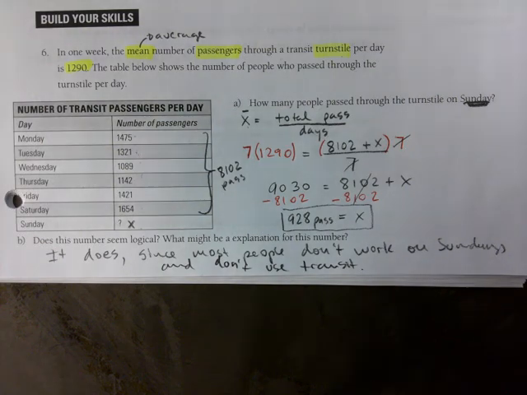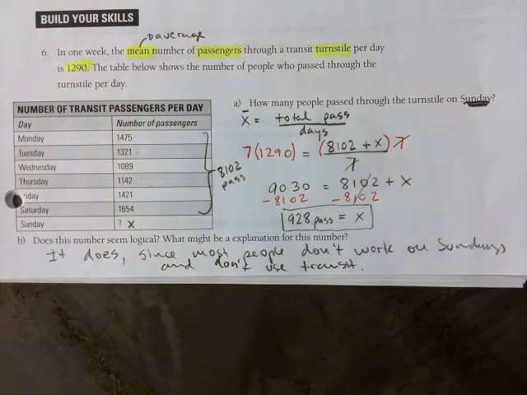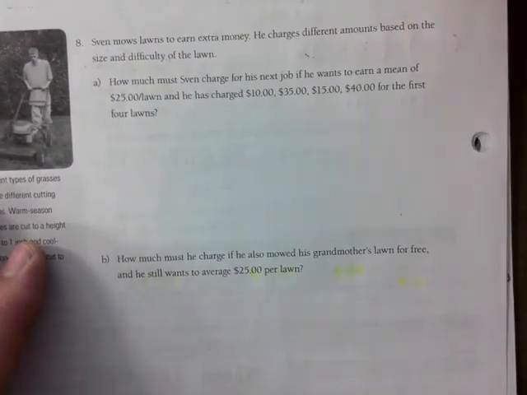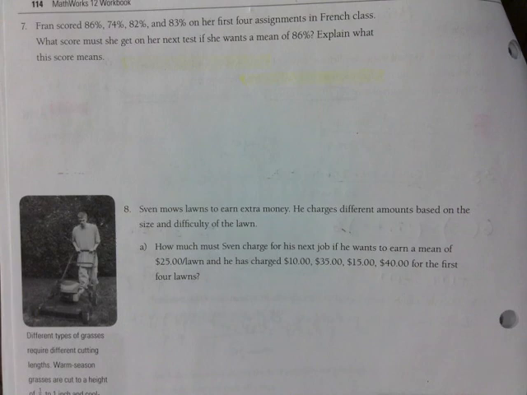I meant to say 114. Page 114, 7 and 8. I want you to try question 7, and then question 8 before we go, okay?